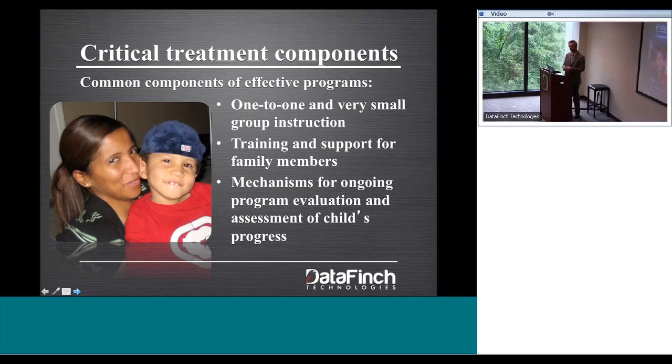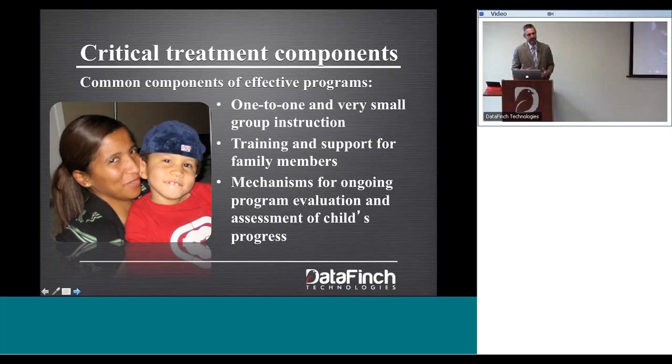What makes sense to teach next? How do I fade some of the prompting and support that I've added in? Where are we at today? Where are we at tomorrow? Where are we in 6 months? This sort of precision measurement and evaluation of our effects is crucial to provide precision treatment. And in one of our other segments on evidence-based practice, I'll talk about why, in a little bit more detail, that's critical.